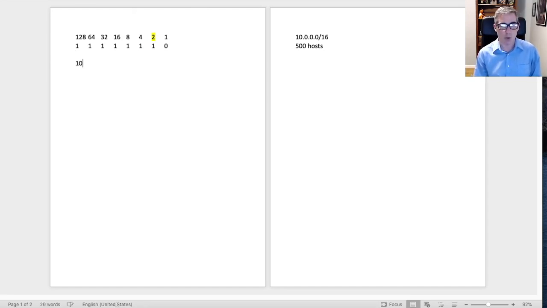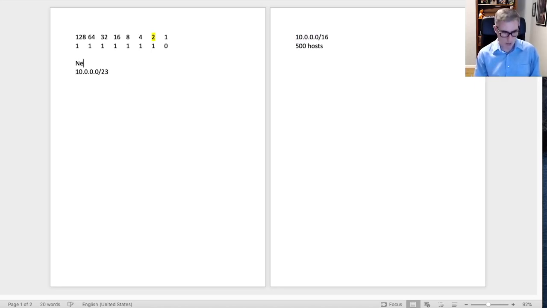So our first network is 10.0.0.0, and instead of /16, we have 7 more than that, because 16 gets us to here, the first 2 octets, and we have 7 bits in the third octet that are part of the network. So 16 plus 7 is 23, and that is our first network.